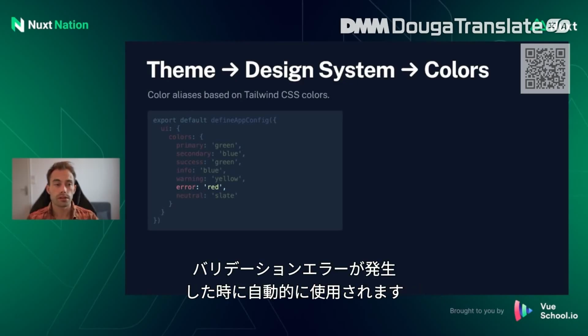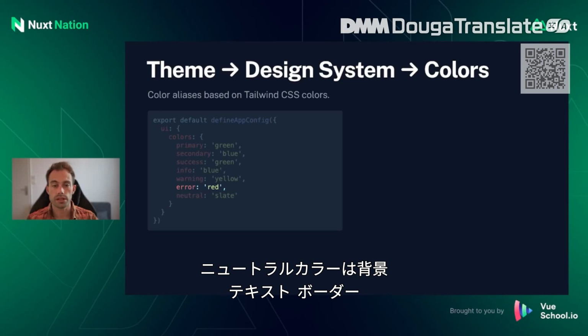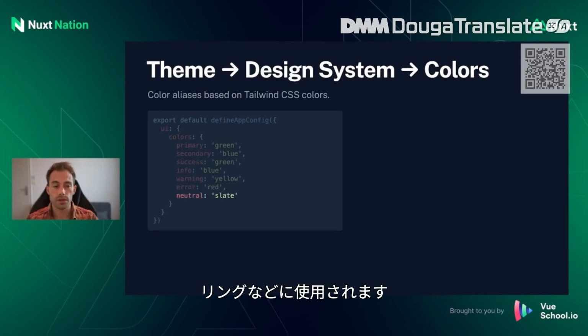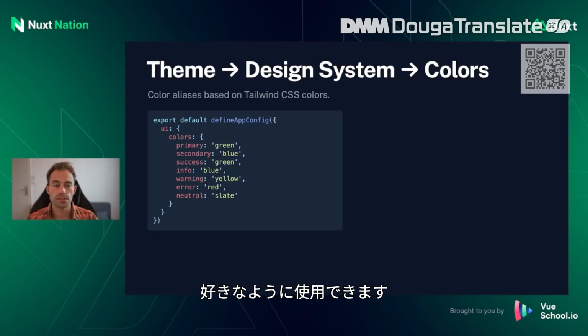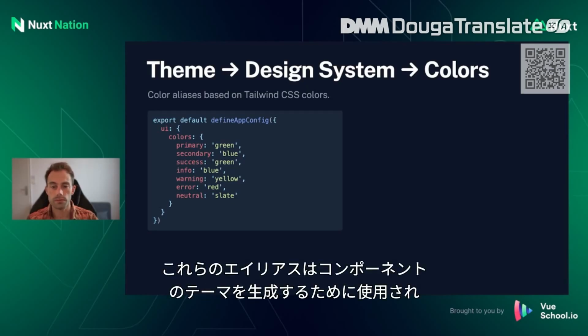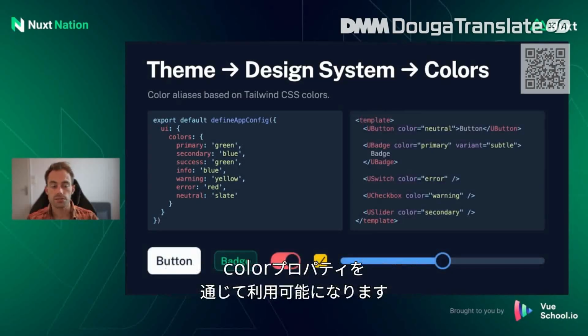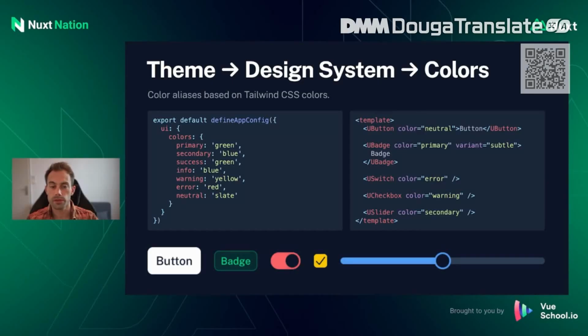The error color is used automatically in form components when a validation error occurs. The neutral color is used for backgrounds, text, borders, rings, and so on. And the other ones are not directly used in the theme, but you can use them as you want. These aliases are used to generate the theme of components and will be available through the color prop.